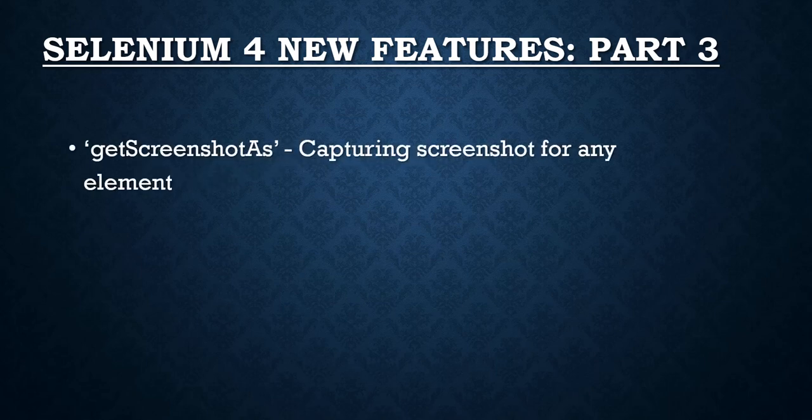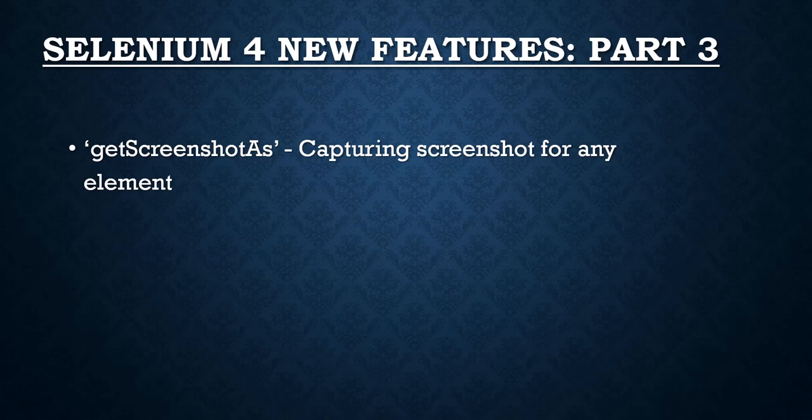Today I'll discuss these topics. One, getScreenshotAs. This is a method using which we can capture a screenshot of any particular element without capturing the whole page. We can capture just that logo or that particular text box.